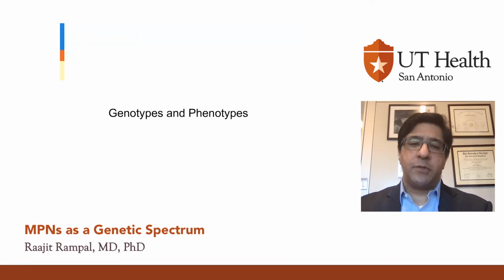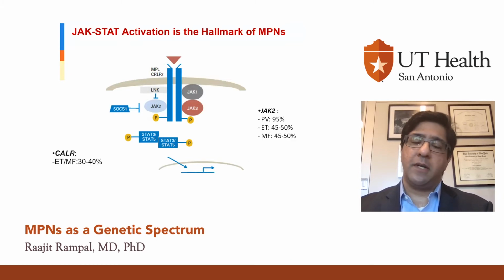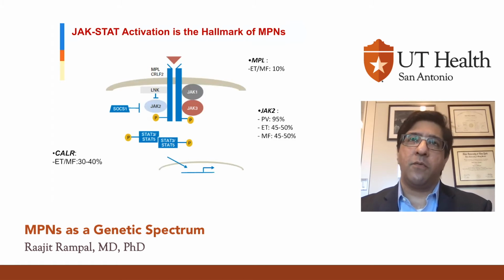So let's talk first about genotypes and phenotypes. The hallmark of MPN pathophysiology is aberrant activation of the JAK-STAT pathway. And as of course we all know, mutations in JAK2, calreticulin, and MPL account for the vast majority of driver mutations that are observed in patients with MPN.